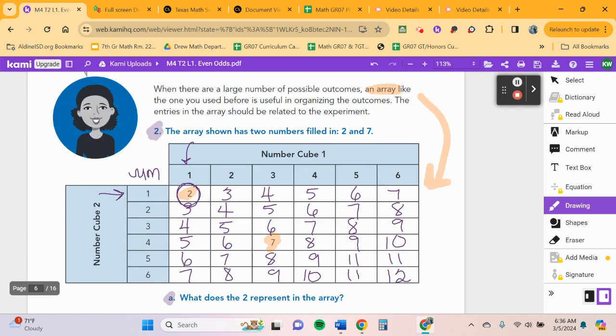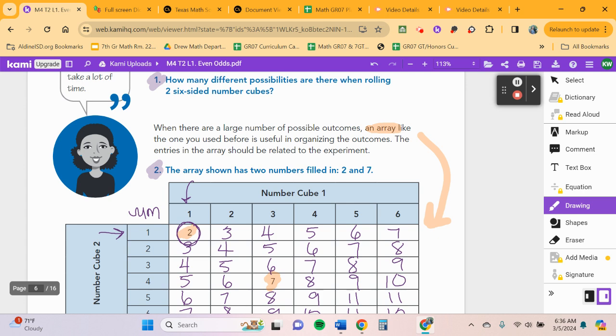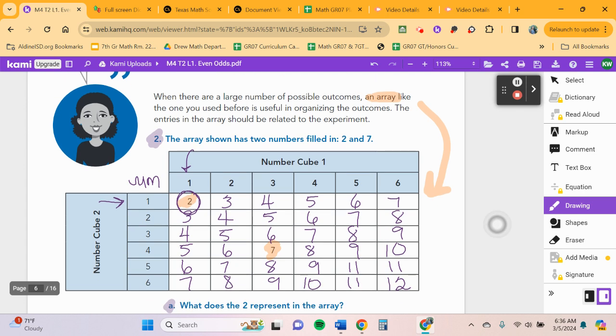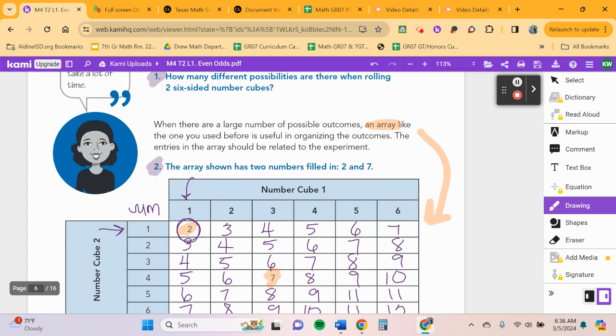Alrighty, here's our completed array with all of our outcomes listed. Now let's answer these questions. Question number 1 says, how many different possibilities are there when rolling two six-sided number cubes? Well, as you can see, these are all of the different possibilities. If I count all of them up, I would get a total of 36 outcomes, 36 possible outcomes.